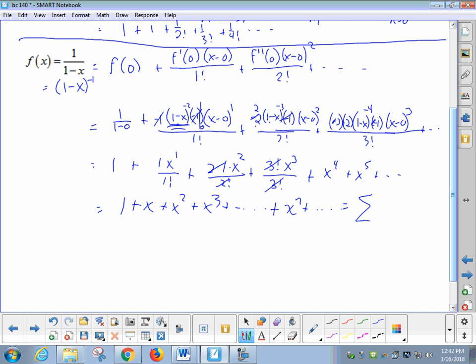In summation notation, it is x to the n, starting at 0 and going forever. Now, how do you like that? What do you think about that? Think about it. I've eliminated the critical thinking out of it.